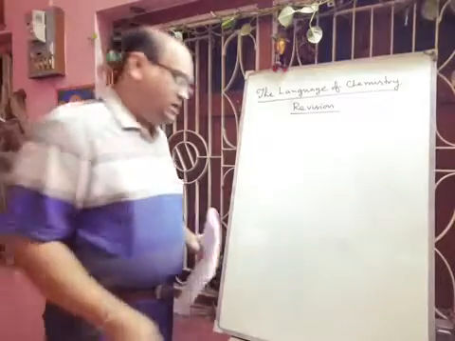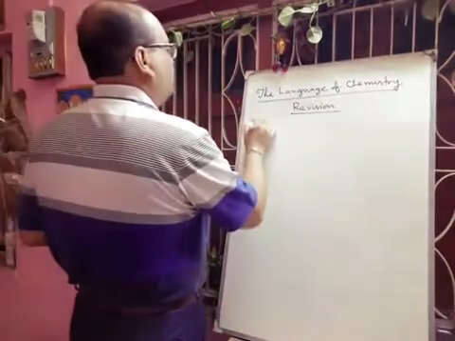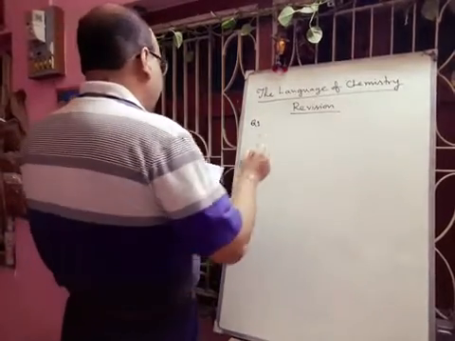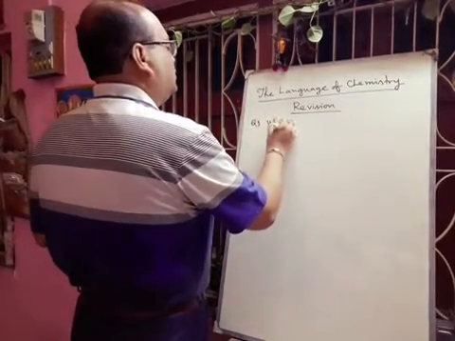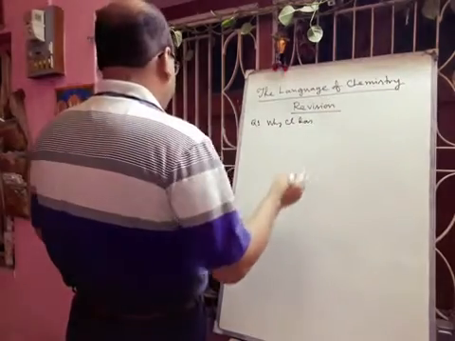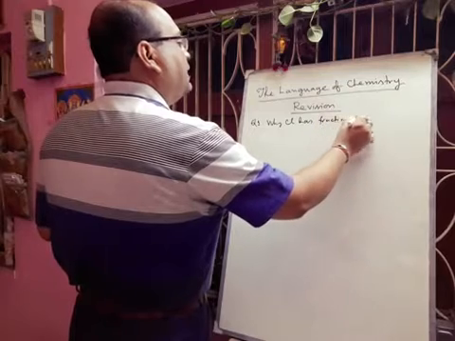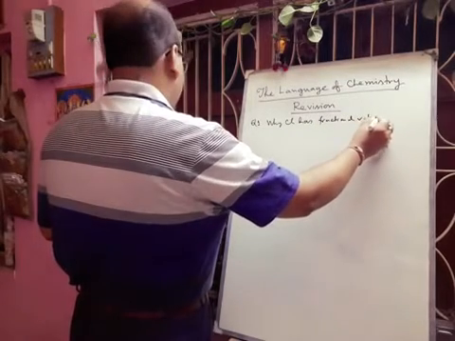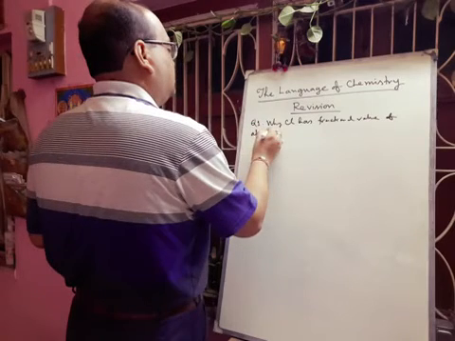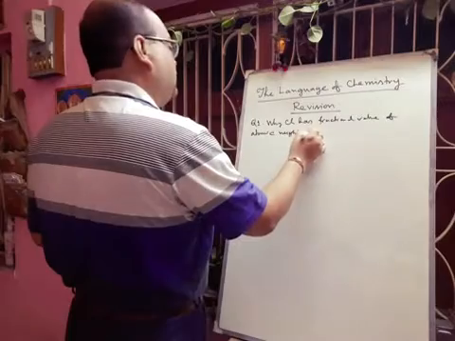First question I am writing here: why does Cl have a fractional value of atomic weight? That is 35.5.